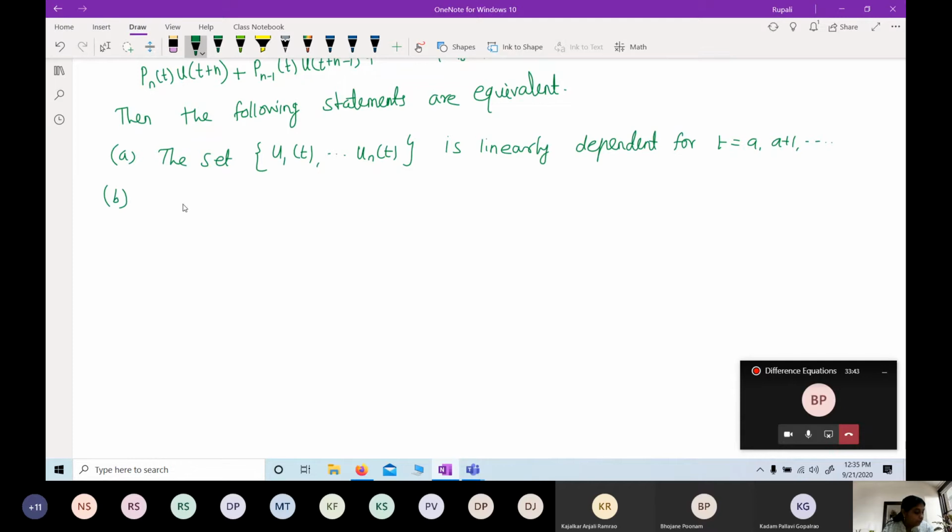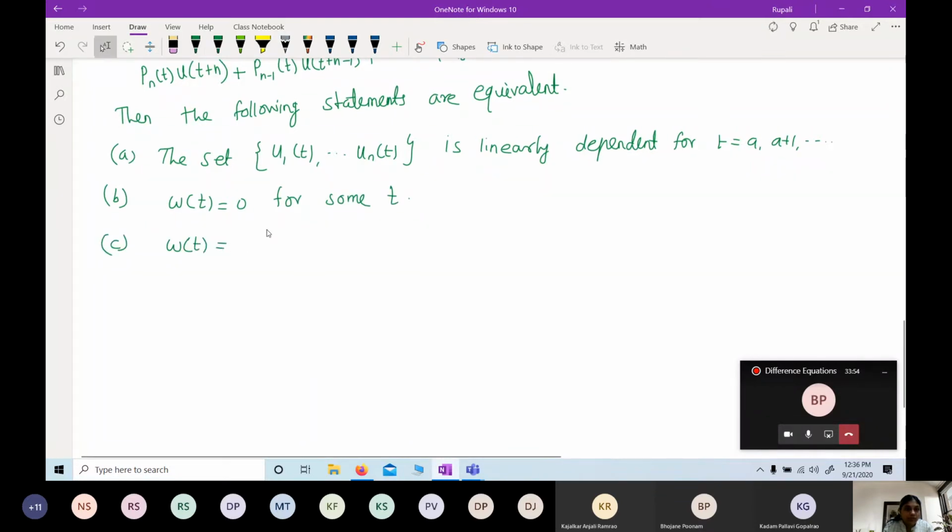Second statement, B: small w(t) is equal to 0 for some t, and C: w(t) is equal to 0 for all t.